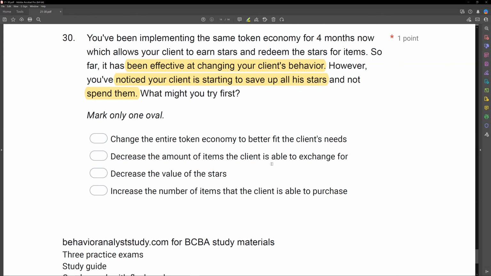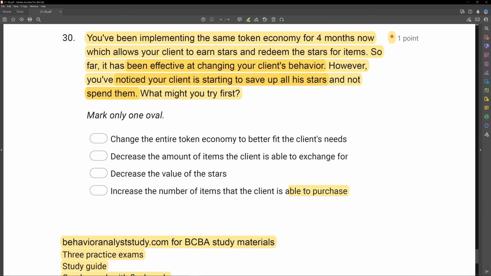Decrease the amount of items the client is able to exchange for. Well, if he's already saving them up and not spending them, decreasing the items doesn't seem likely to encourage him to spend more. What about decrease the value of the stars? Well, if you decrease the value of the stars, that means he needs even more stars. He has to save even more. We're trying to get him not saving. So D, increase the number of items the client is able to purchase.